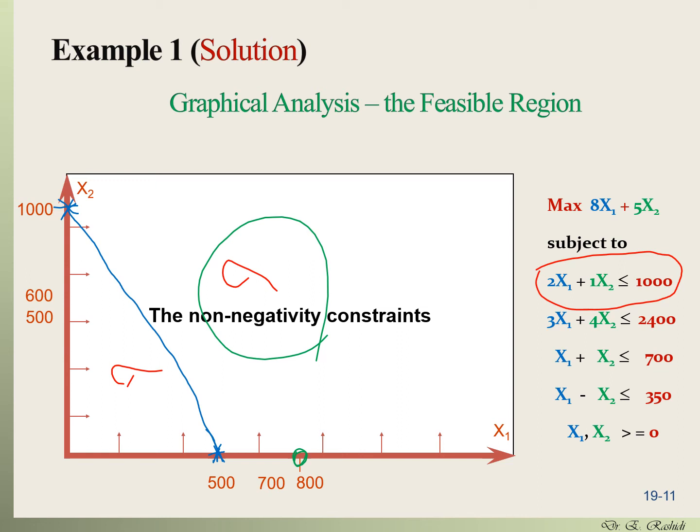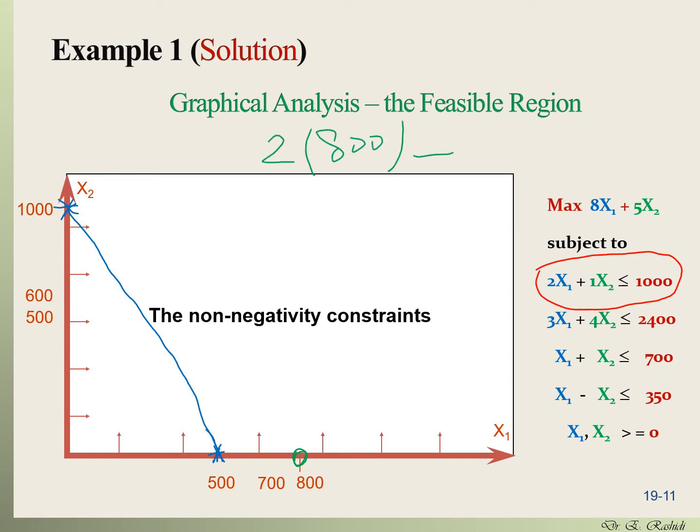So 2 multiplied by 800 plus x2, and x2 is 0, so that's 1600. 1600 is not less than 1000.